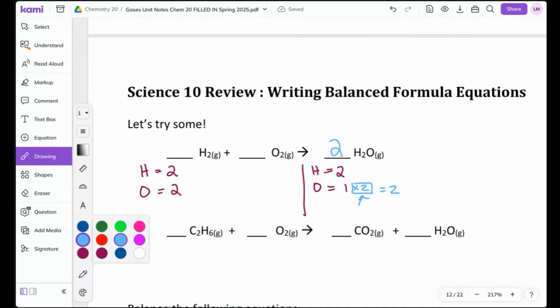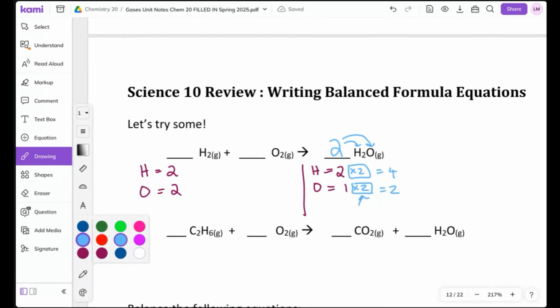However, you do need to be aware that this 2 doesn't just affect oxygen, it also affects hydrogen. So now we also have hydrogen's amount multiplied by 2. So now on the product side we have 4 hydrogens.